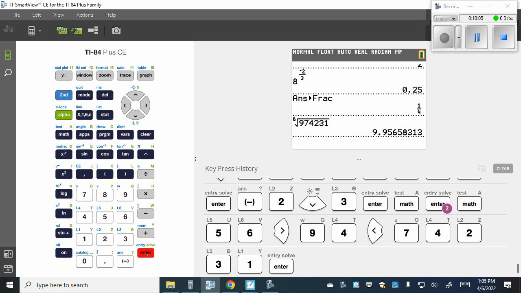It'd be 9.95658313. And the instruction says to evaluate each expression and round to the fourth decimal place. So 9.9565, the one after it is an 8, so it'd be 9.9566.